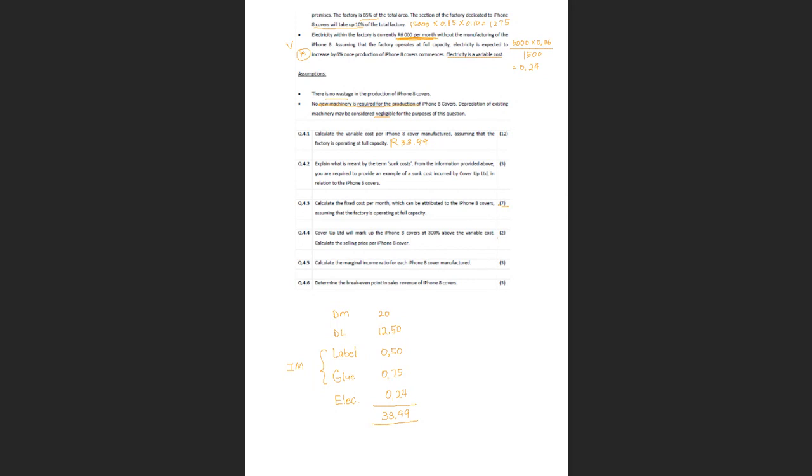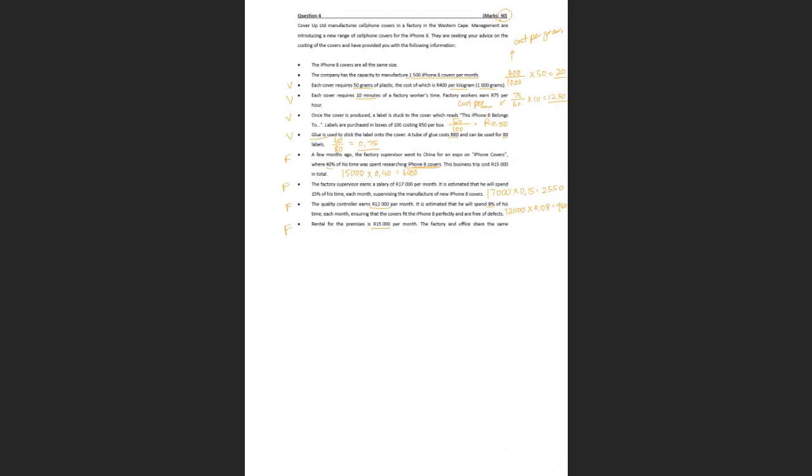We can see exactly where the cost was allocated, where it came from, and you have converted them to a per unit basis. Also, when you are doing this in a test, make sure, remember, you have to show your working out. So for instance, here, where we calculated direct material, and then we did your direct labor here, and your labels were here, and your glue was here.